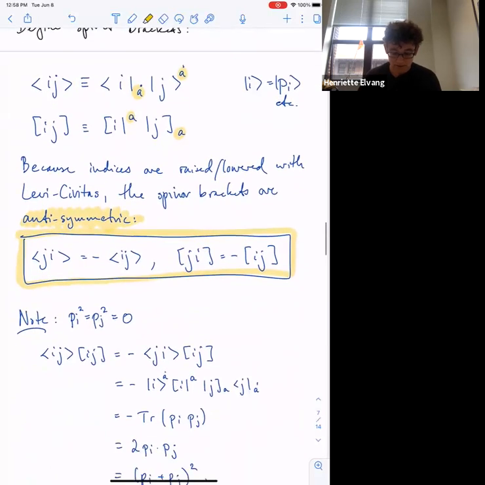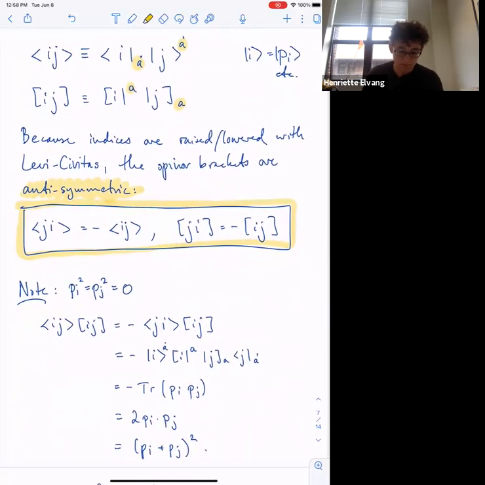Okay, so let's do another little calculation here. We'll multiply together two brackets, an angle and a square with the same labels. When we write an angle and square spinor, that must mean that those momenta are on shell. So I'll flip the order of the angle, which costs me a minus sign. Then I realize when I look at it that these two guys here make up exactly p_i.